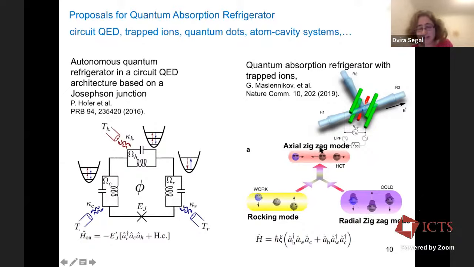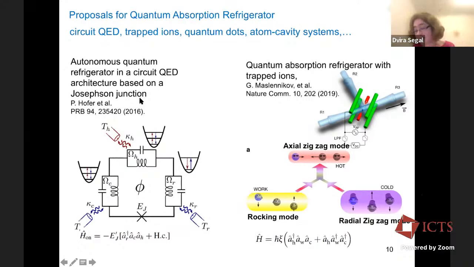They can do this axial zigzag motion, or the radial zigzag, and the rocking, and depending on the mode, they are either smiling or sad. And the idea is to transfer energy, as you can see, from this mode, which was cooled down by the control field, and to dump the excess heat into the hot bath.